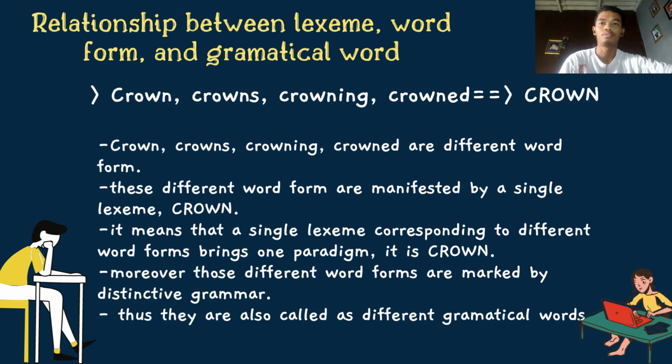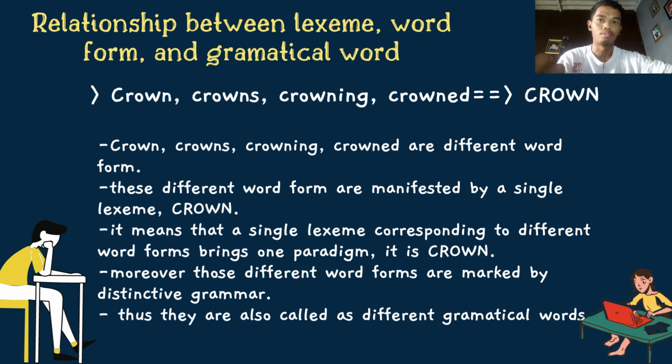So what kind of relation is there between lexeme, word form and grammatical word? Lexeme is something like the core of a word. It is an abstract vocabulary item and it will be manifested, presented as a word form. And then they bring a different grammatical word, or they have their own grammatical word. For example, crown, crowns, crowning, and crowned are word forms of the same lexeme, crown.